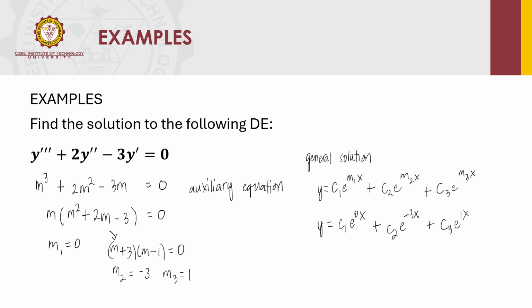So we can write c sub 1 e to the 0x as just 1, plus c sub 2 e to the negative 3x, plus c sub 3 e to the x. So this is now the general solution to the third order linear differential equation.